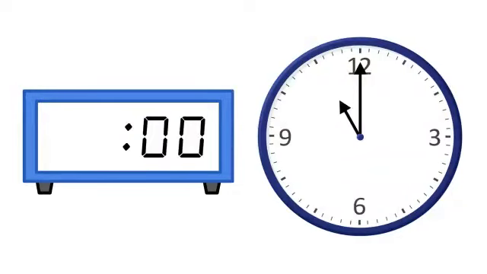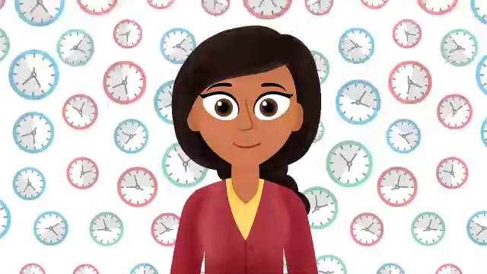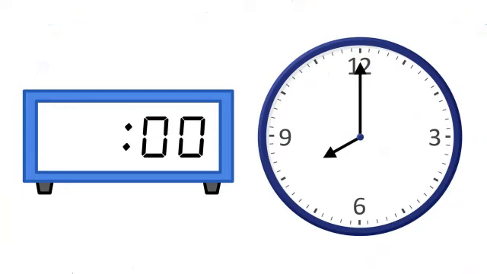Wonderful, it's 11 o'clock. Okay, let's move on to round 5. Here's your next clock. Desmond, what time does the analog clock read? 8 o'clock. Fantastic, it's 8 o'clock.